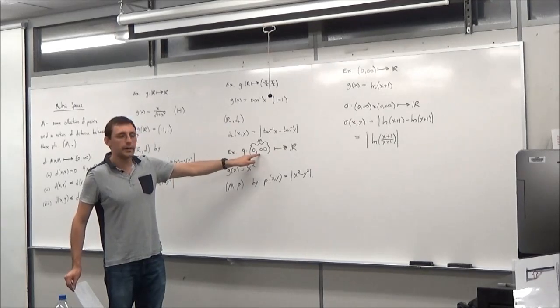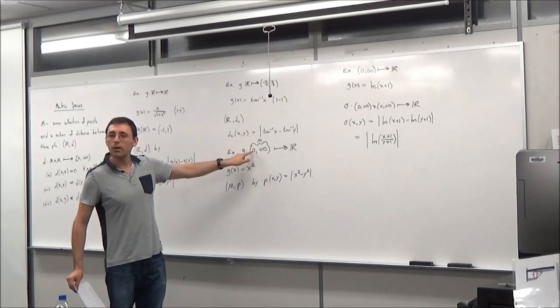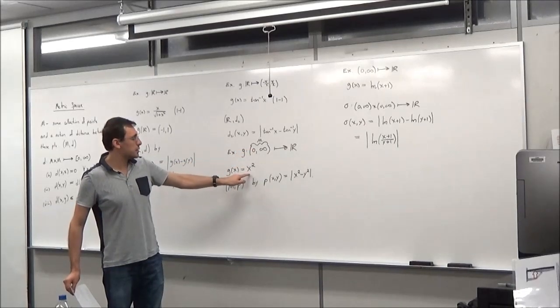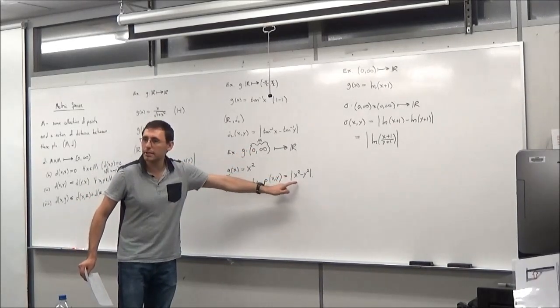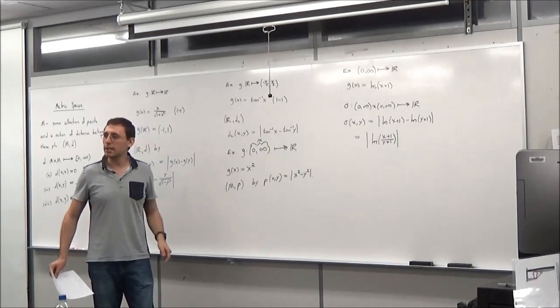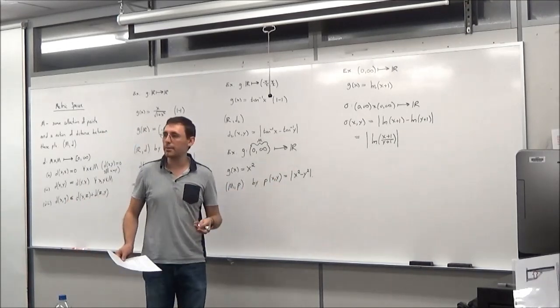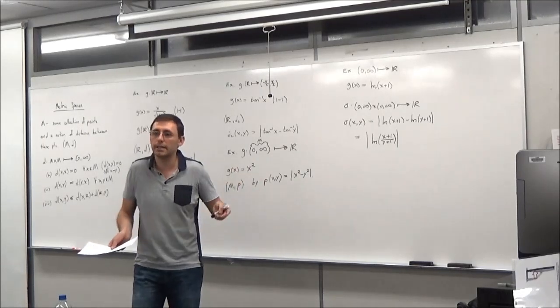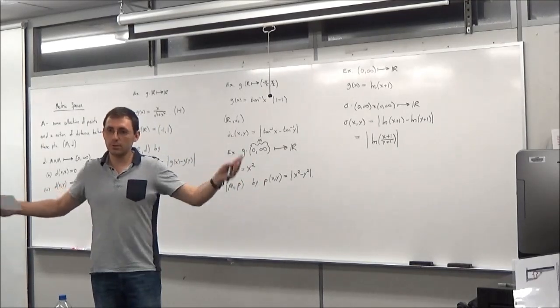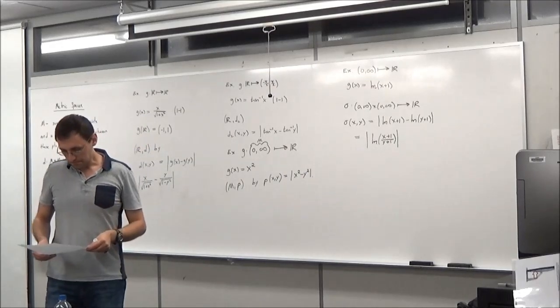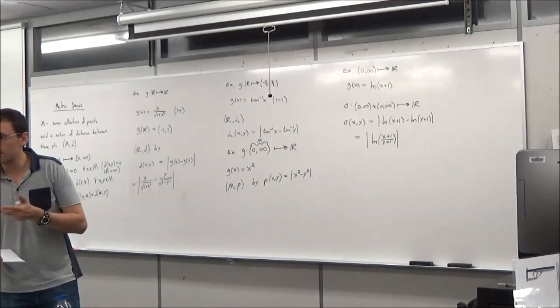Notice that the square function is 1 to 1 on the positive interval. So that's why I automatically know this is a metric. I'm not saying it's necessarily an interesting metric, but it is automatically a metric because I related it to the absolute value. We're going to learn other things. Did I answer your question?